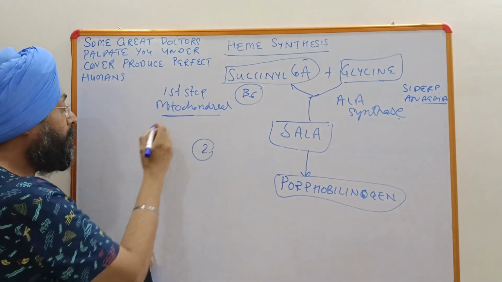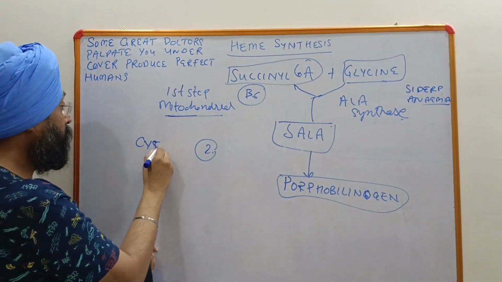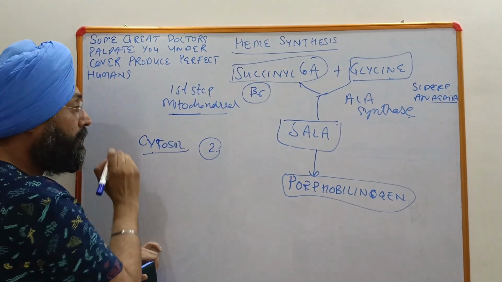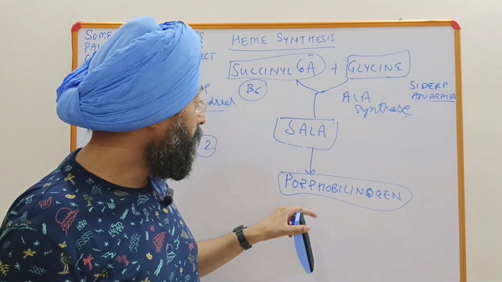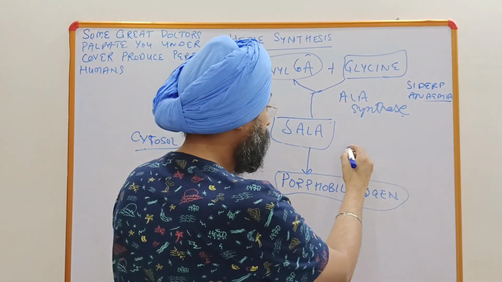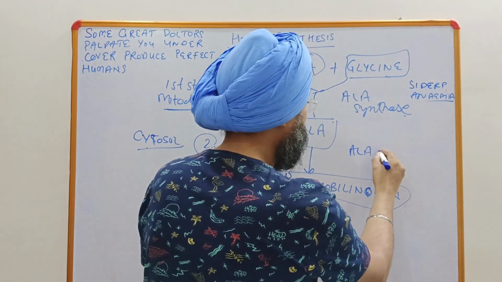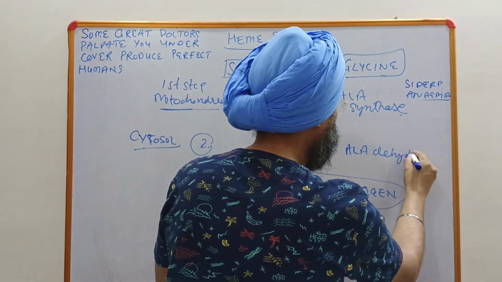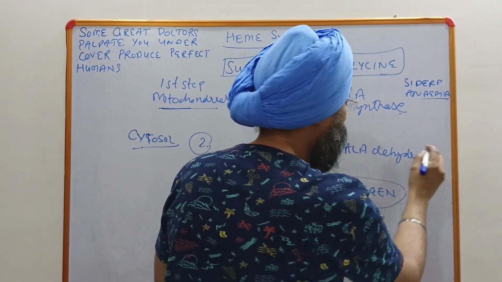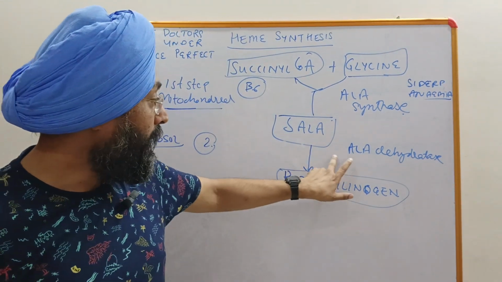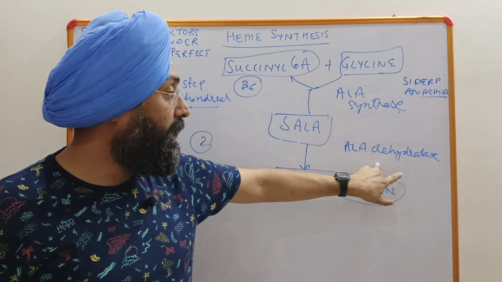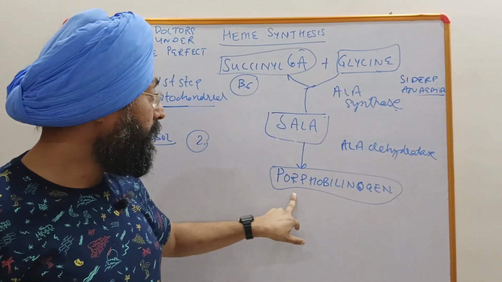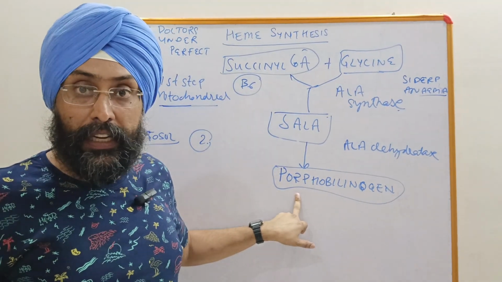The first step is mitochondrial, the second is cytosolic, right? And the enzyme is second. So you can remember it by ALA dehydratase. So how to remember this enzyme? Second step, there is D, D for dehydratase.